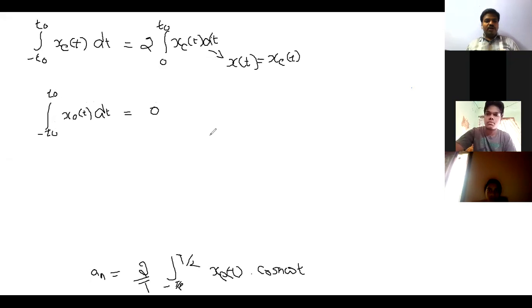If you want, you can verify this by considering one simple example for an even signal and one simple example for an odd signal. So this is even symmetry. If the given signal x of t contains only the even parts of the signal, in that particular case this can be written as 2 times the integral of 0 to T naught of x e of t into dt. This is valid only for this condition.